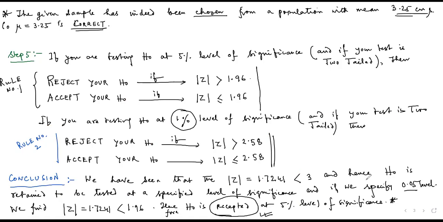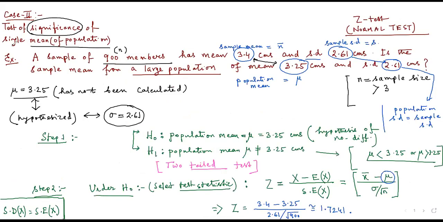Remember that these rules which I have written over here in step number 5 are universal rules. By universal rule, I mean that there are some other cases in hypothesis testing. In my last class, I explained the test of significance of single proportion. Here I have discussed test of significance of single mean.